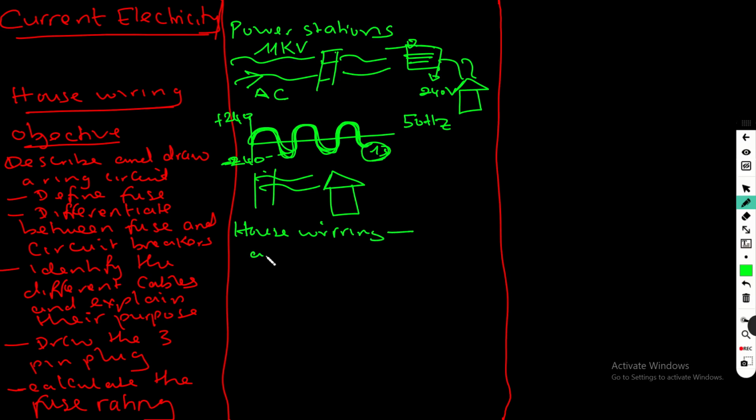This current is carried from the poles or from the electrical board to the house using two cables, which we call the live and the neutral cable.